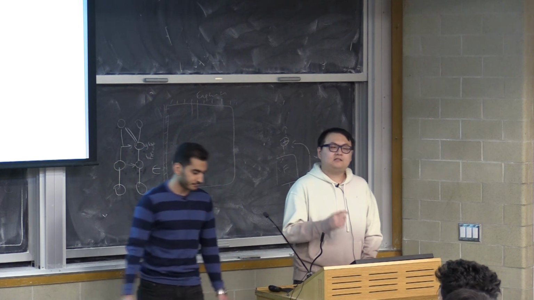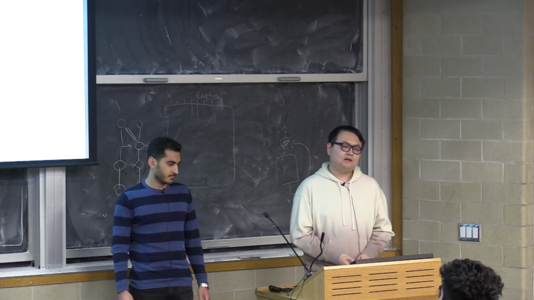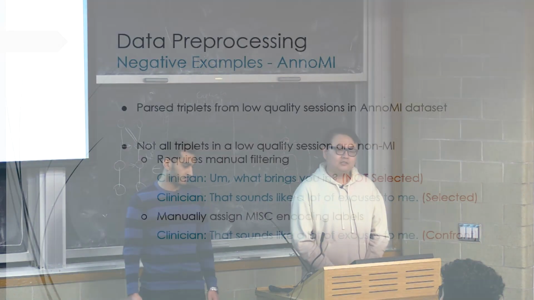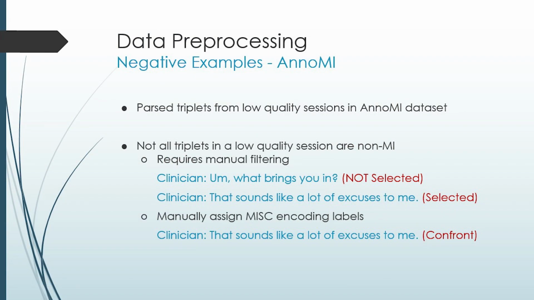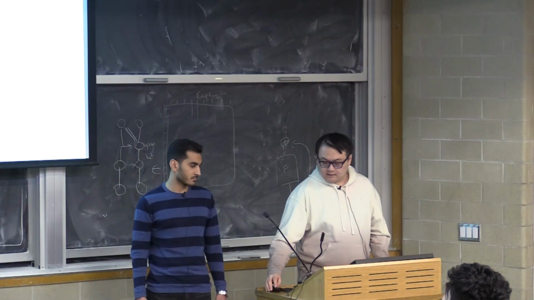Just because a sentence appears in a low quality session doesn't automatically make it MI inconsistent, which is why we need to manually label each triplet and only keep those that are definitively not MI consistent and give them MISC encodings. Sometimes the sentences have mixed MISC encodings, and we separate them into individual triplets, and we use our own imagination to make up the missing parts.